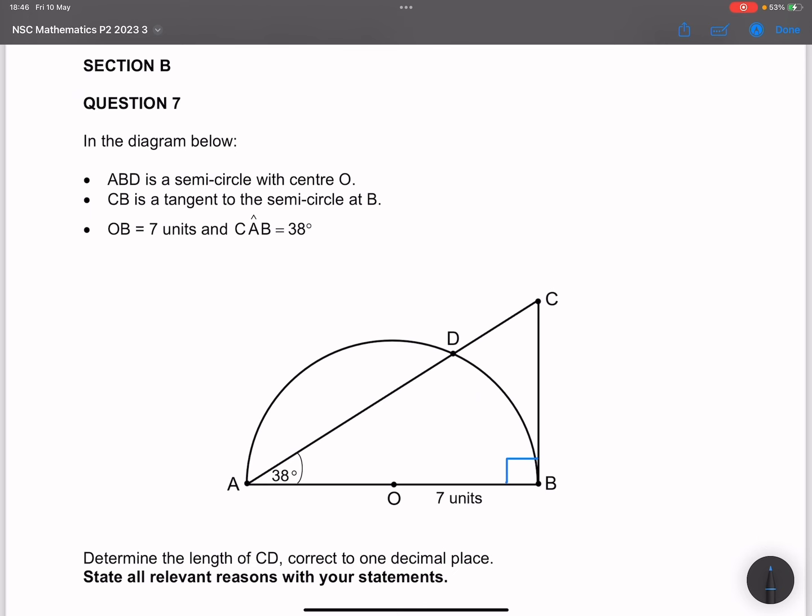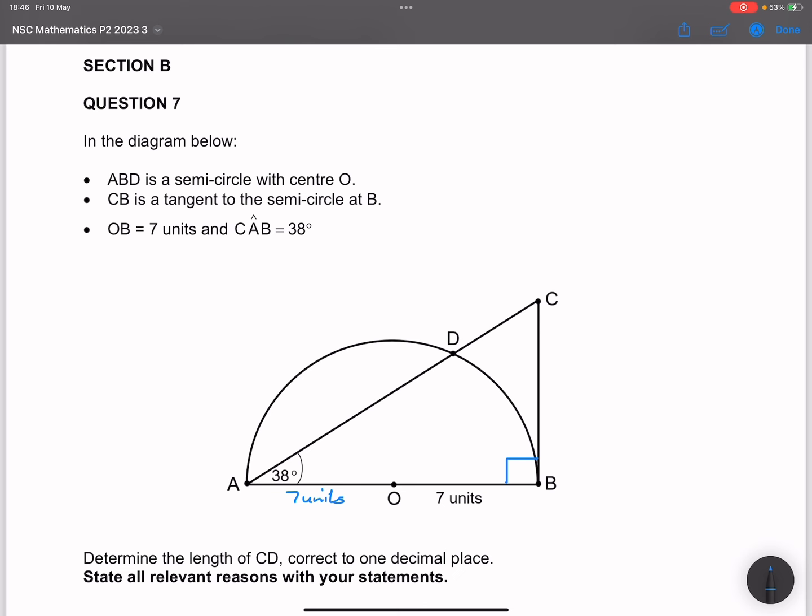That's the tangent radius theorem. So they say OB is equal to 7 units. So that's the radius of that circle. It means that also AO should be 7 units in that case. They are radii. And so they say determine the length of CD correct to 1 decimal place.